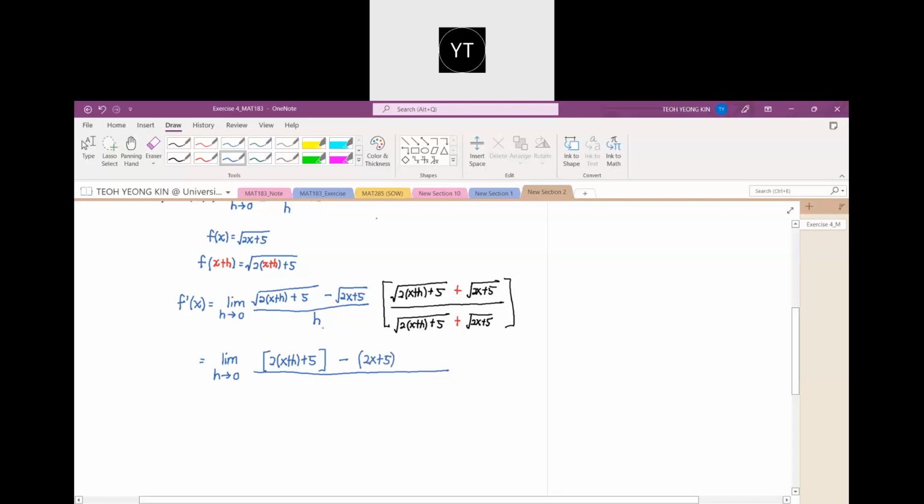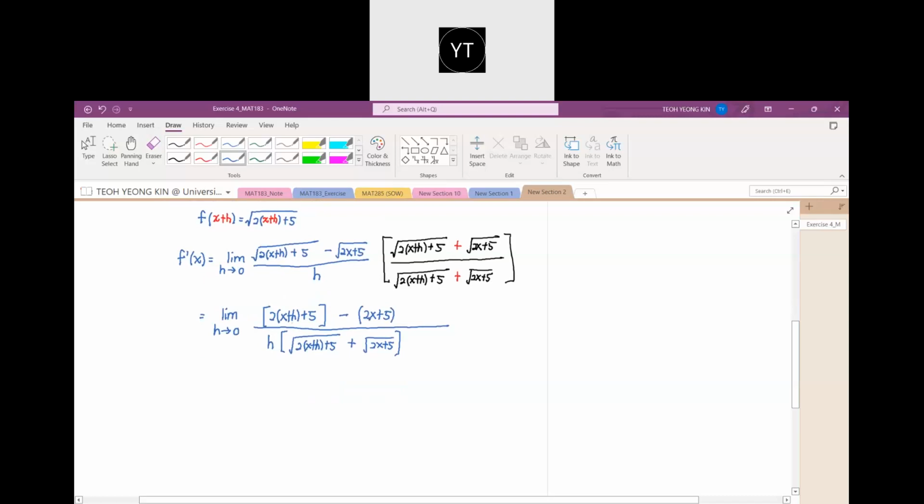Denominator ni salin balik. H in the square bracket, square root of 2(x plus h) plus 5 plus square root of 2x plus 5. So this is the denominator. And then we expand and simplify. Don't forget, we need to expand and simplify. So if I expand here, I get 2x plus 2h plus 5.